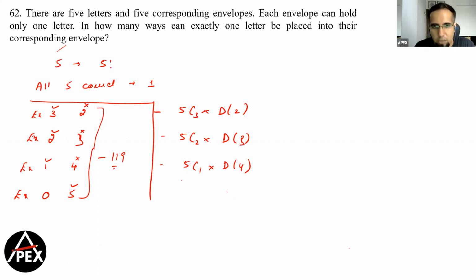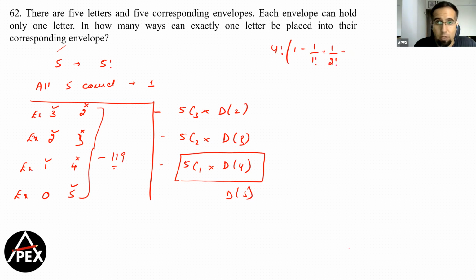Now, this question is asking you this case. Exactly 1 is in the right envelope. So the remaining 4 have to be in wrong envelopes. The formula is 4 factorial into 1 minus 1 factorial plus 1 by 2 factorial minus 1 by 3 factorial plus 1 by 4 factorial. So if you take the LCM as 4 factorial, this goes off, this also goes off.